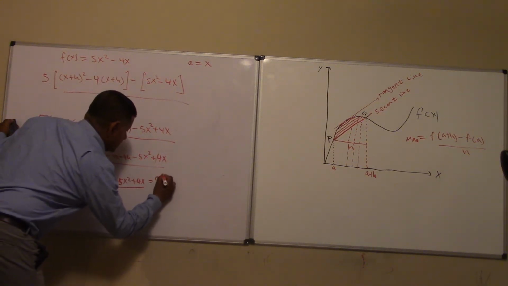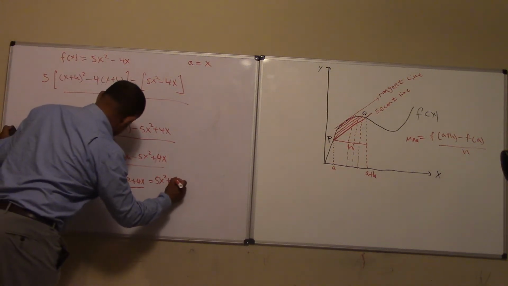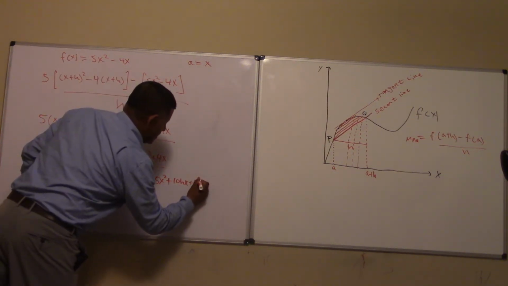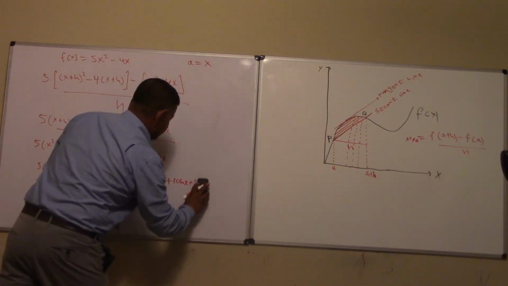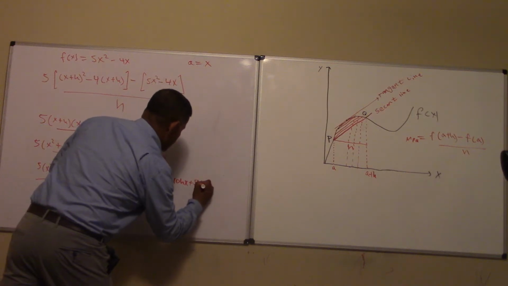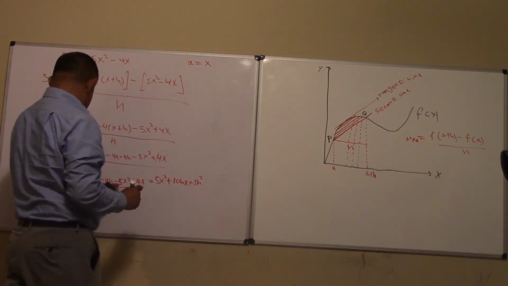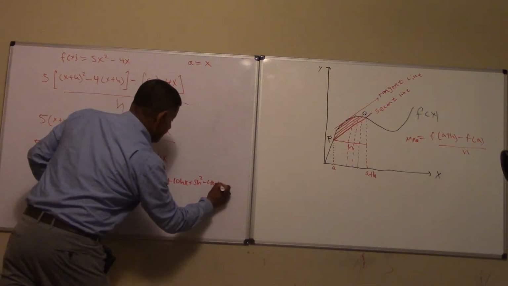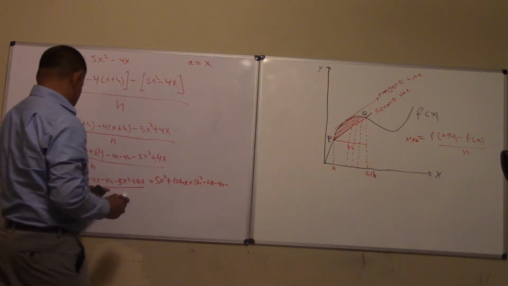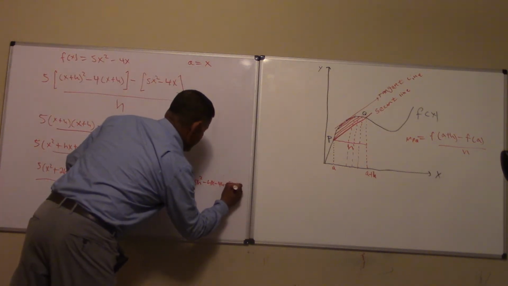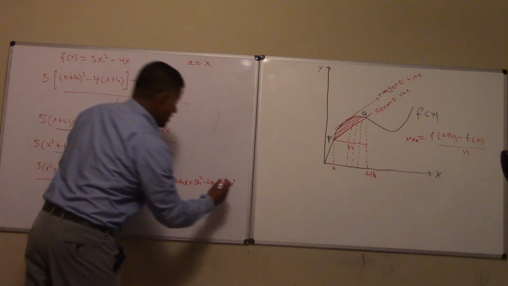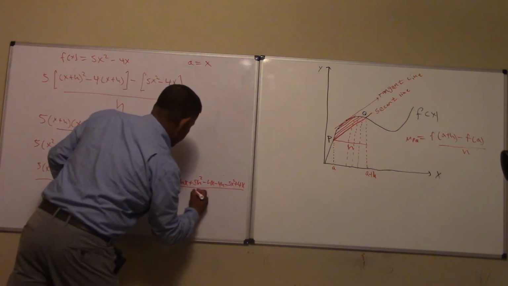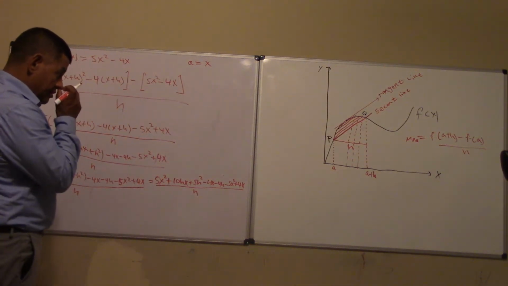I get 5x squared, right, plus 10hx, right, plus 5h squared minus 4x minus 4h, right, minus 5x squared plus 4x. Everything over h, right?